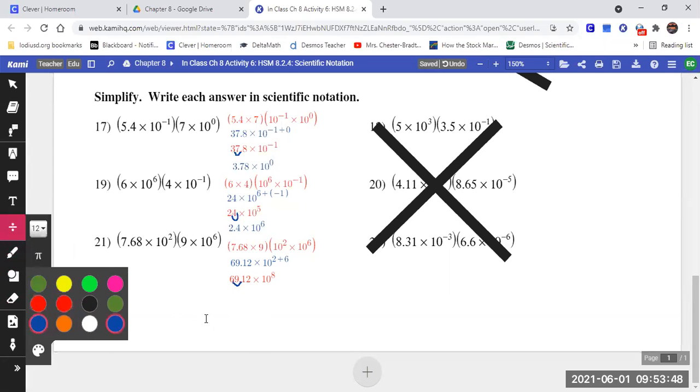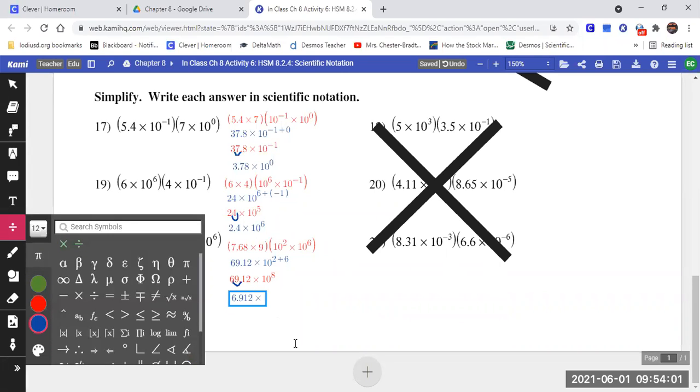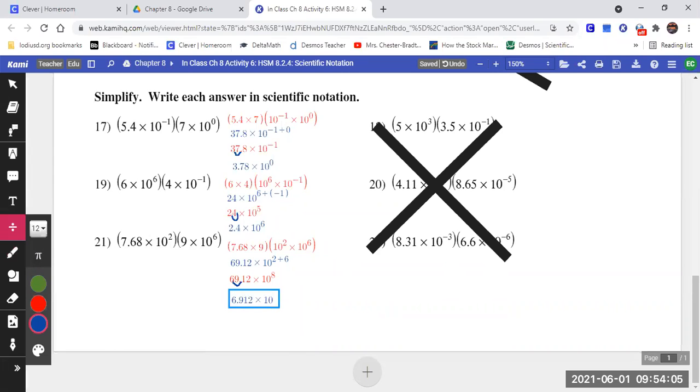What direction did I jump? And if I jump left, what am I supposed to do to my exponent? Add. So what's my final answer exponent going to be? 10 to the 9th, exactly.